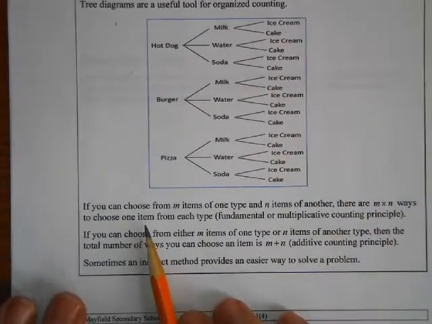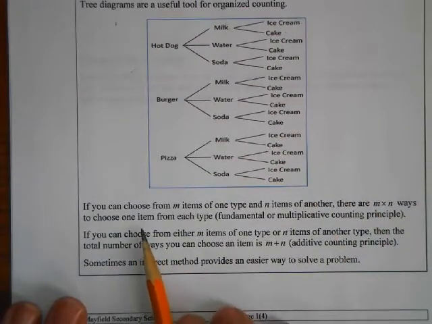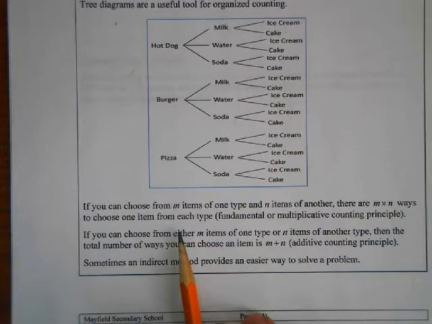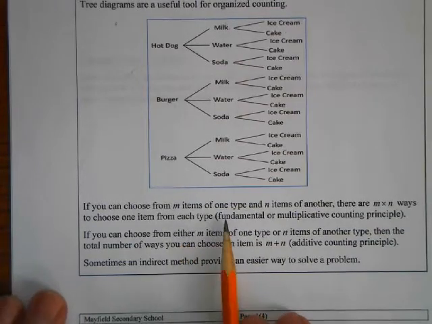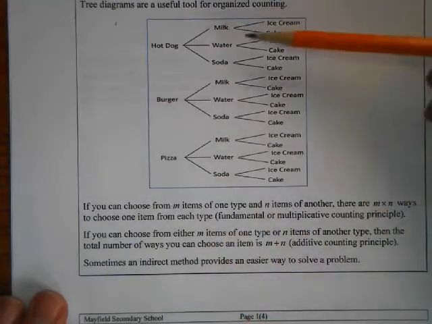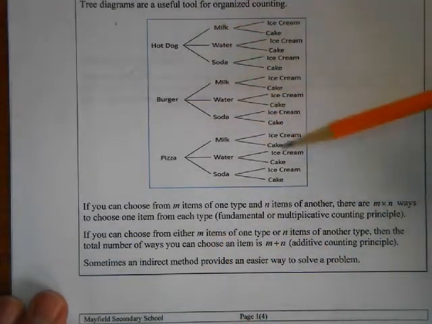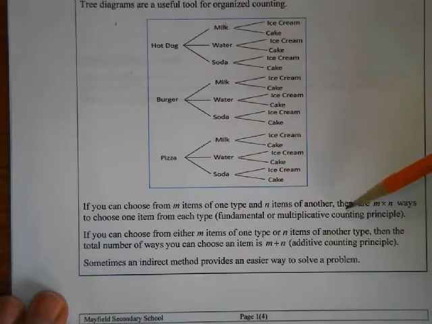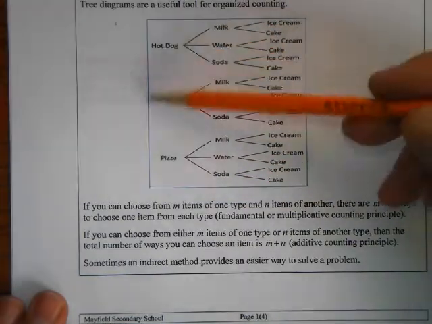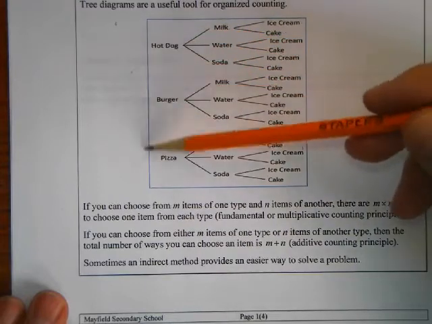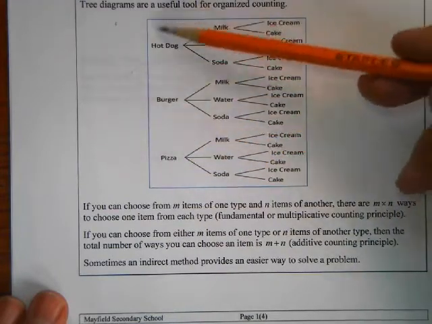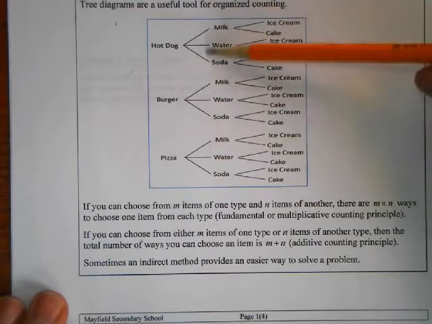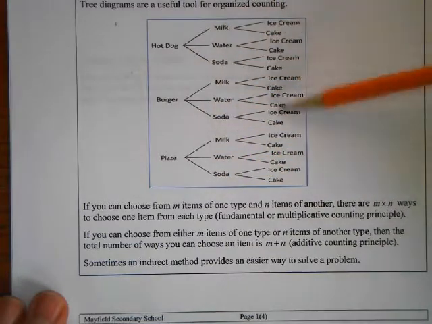These two items in the key concepts are just repeating the multiplicative counting principle, where we multiply the number of choices. And if I went back to this situation here, this is multiplicative because I'm choosing a main course and a drink and a dessert.